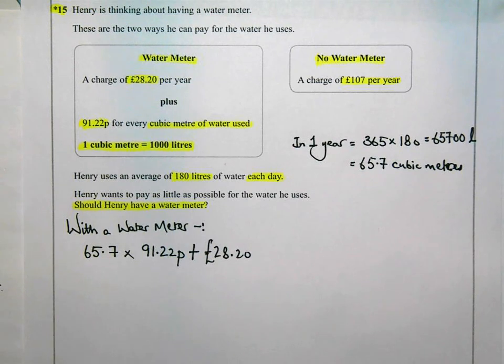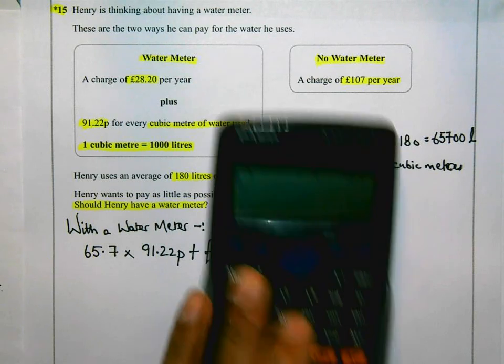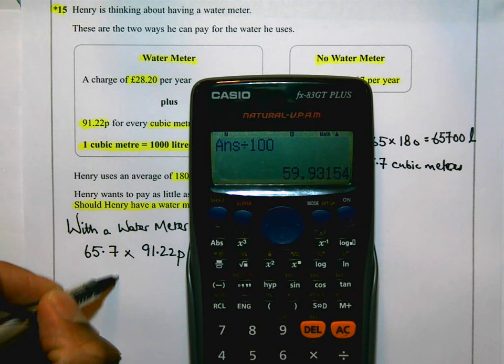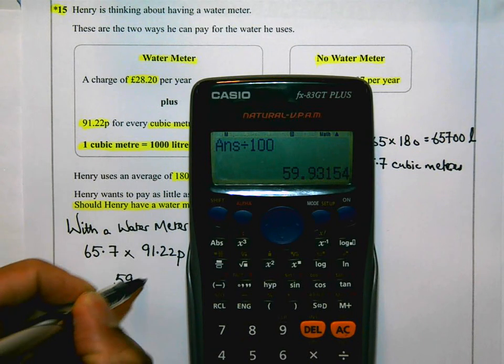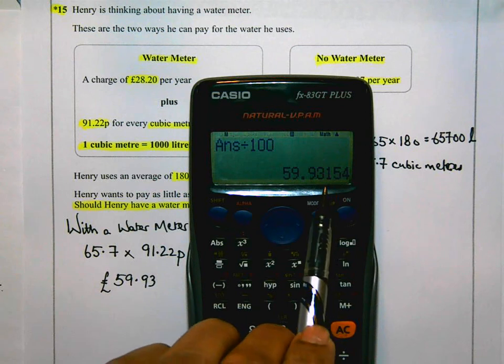Now let's start working this out. So I've got here 65.7 times 91.22, and that's that figure there. However, that's all in pence. How many pounds is that? Divided by 100, and that tells me that that is £59.93. I'm just going to keep it to 2 decimal places because money is in 2 decimal places.